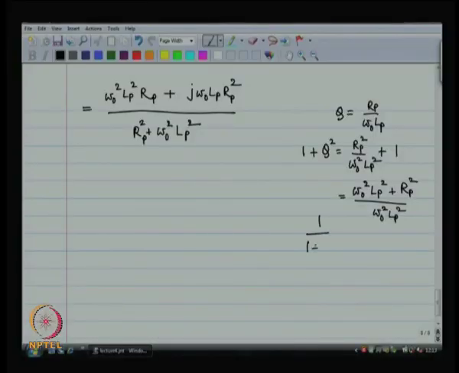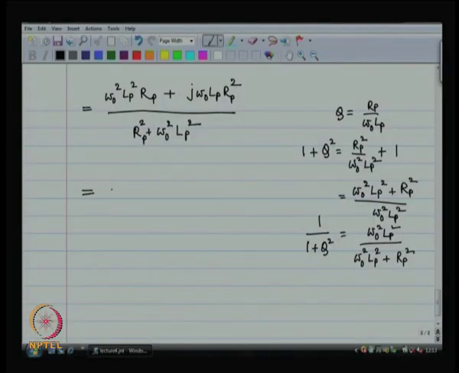It is wonderful. 1 by 1 plus Q squared is exactly what we want. The denominator matches up with what I need.